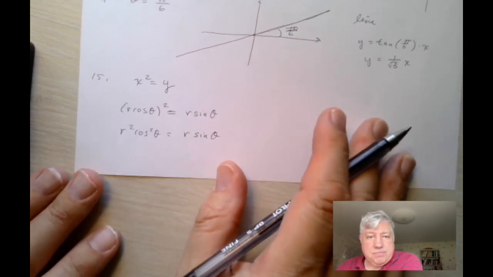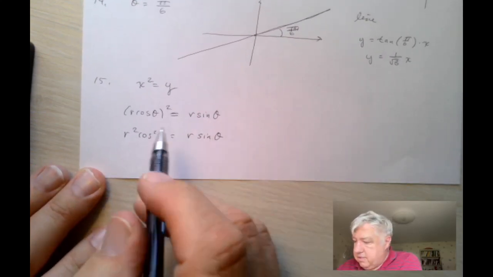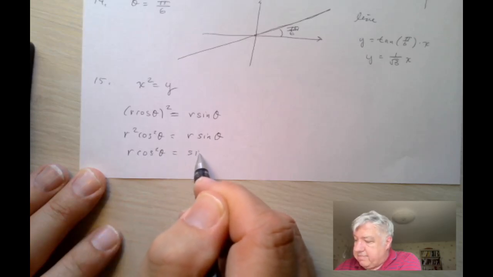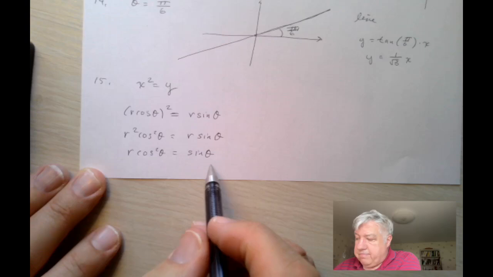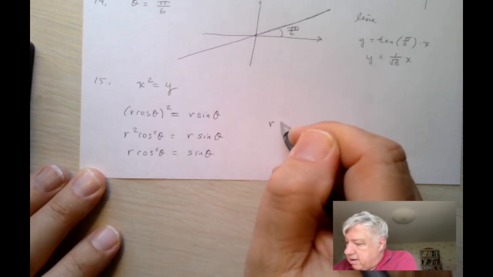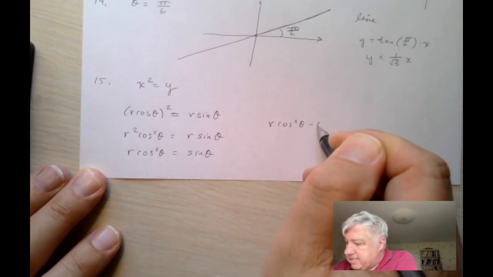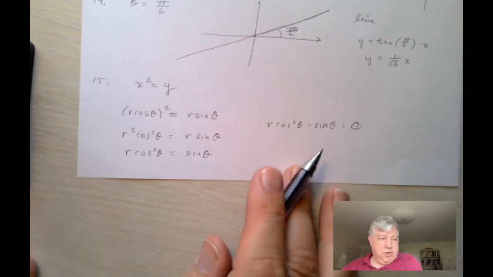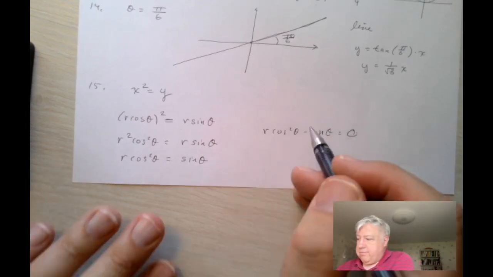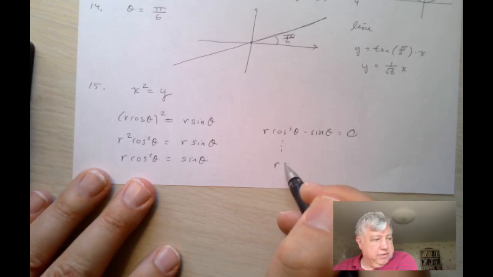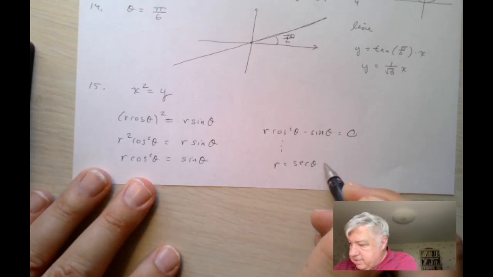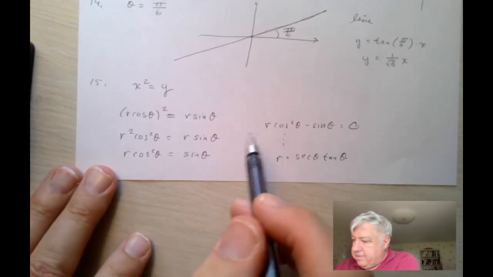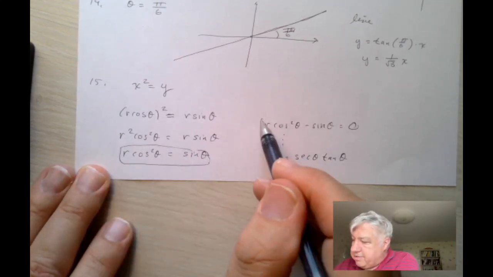Divide both sides by r, and we get r cosine squared theta equals sine theta. You could leave it like this, or say r cosine squared theta minus sine theta equals 0. Or you could play around with trig functions and get r equals secant theta tangent theta. But either of the first two answers would be fine.